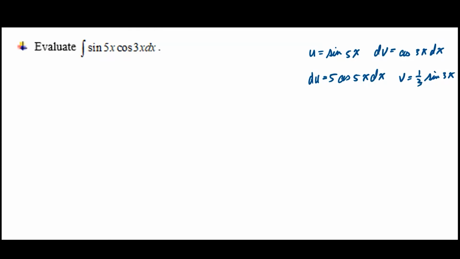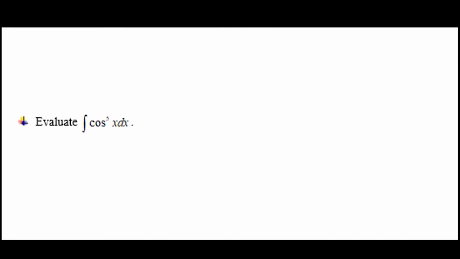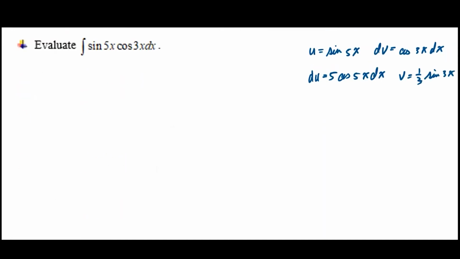Now, rewrite this integral, sine 5x cosine 3x dx, now becomes uv.